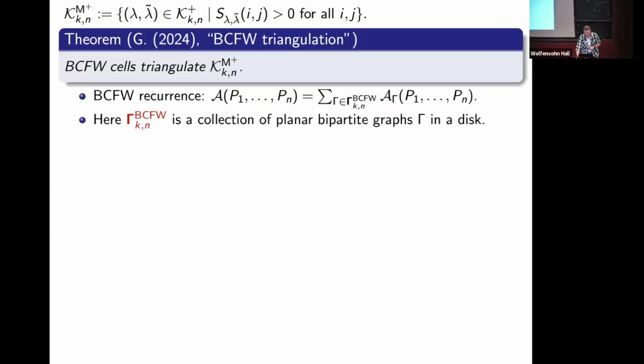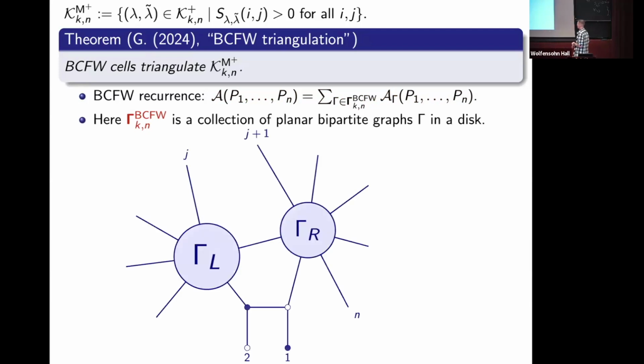So this collection of planar bipartite graphs is defined for each k and n in a recursive way. So what you do is you want to build a graph. You start with n external legs, which are your particles, and you fix 2 adjacent external legs. So here I fixed 1 and 2, and you put a little bridge.